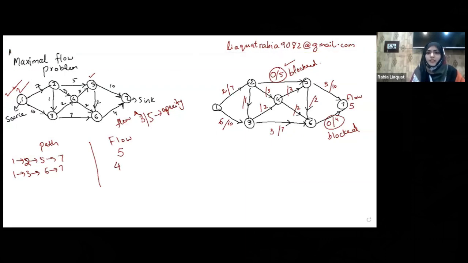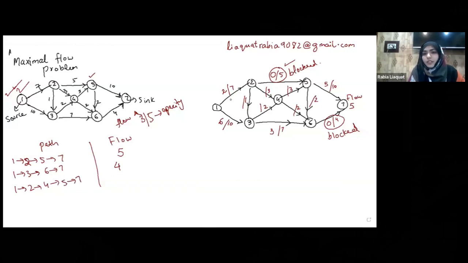Now the next route is from 1 to 2. We cannot go to 5 because this is blocked. We can go 1 to 2, then 2 to 4 or 2 to 3. Let me go 1 to 2, 2 to 4, 4 to 5, 5 to 7.